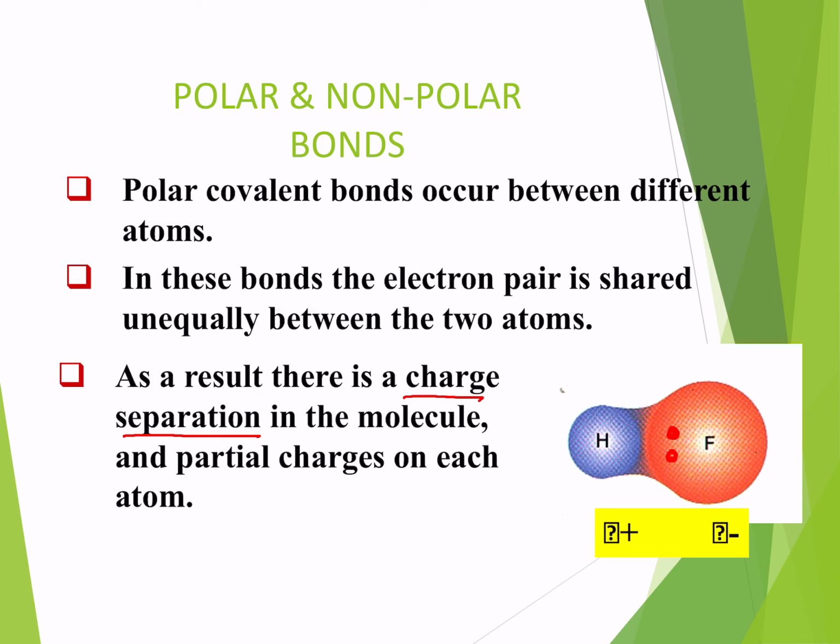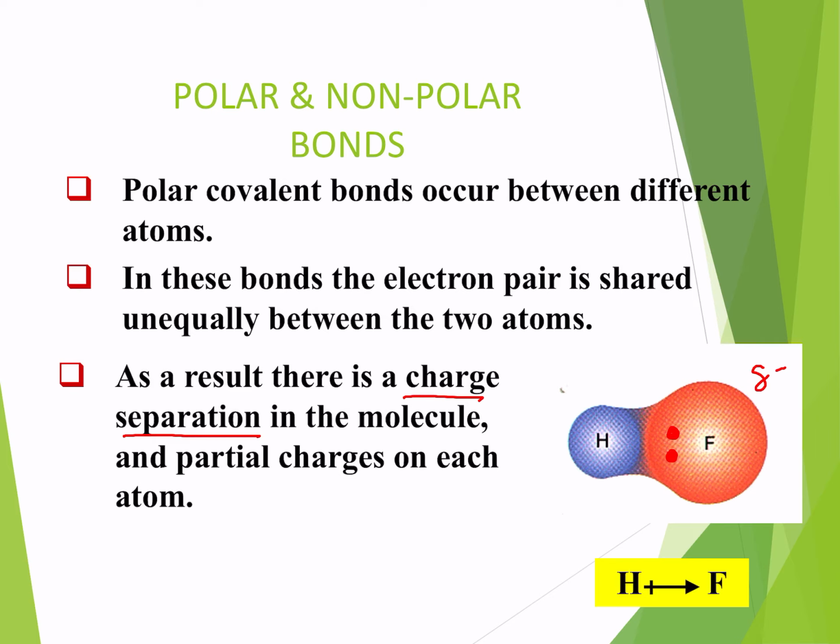When the electrons sit closer to fluorine, this gives fluorine a partial negative charge. We write it like this, which is the Greek lowercase letter delta. The Greek capital letter delta is a triangle, which means change. The lowercase letter delta means partial. Since these electrons are sitting closer to fluorine than to hydrogen, it acts like fluorine has, quote unquote, gained some electrons, so it gets a partial negative charge.